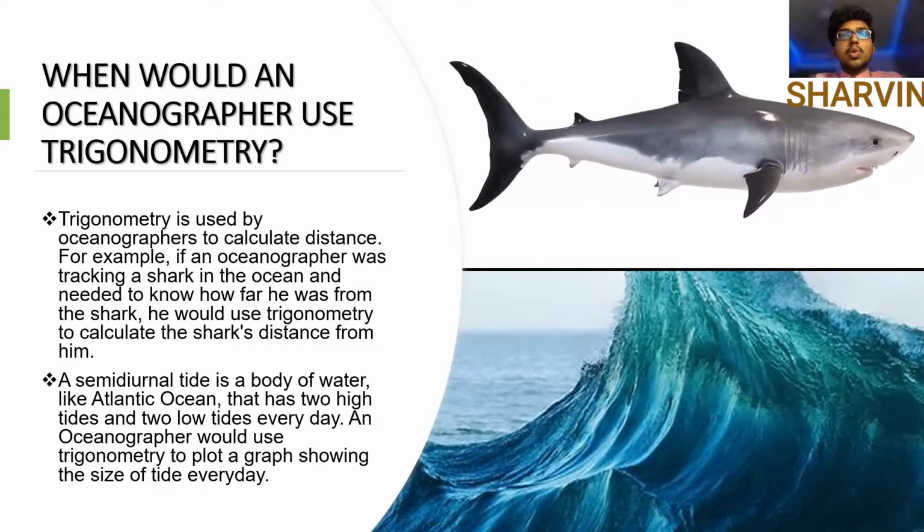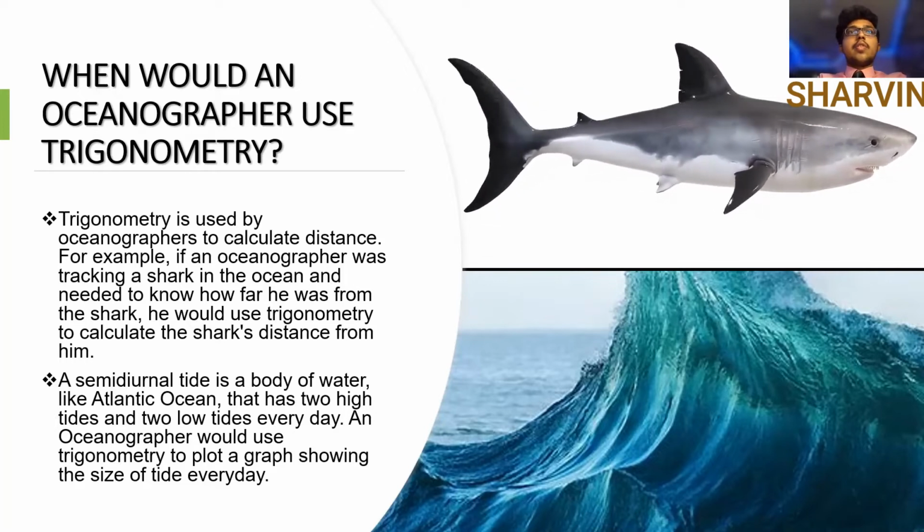An oceanographer will use trigonometry to plot graphs showing the size of tides every day. As you can see here, trigonometry is important for an oceanographer to plot a graph of the size of the tides every day and to check the distance of sea animals from them.